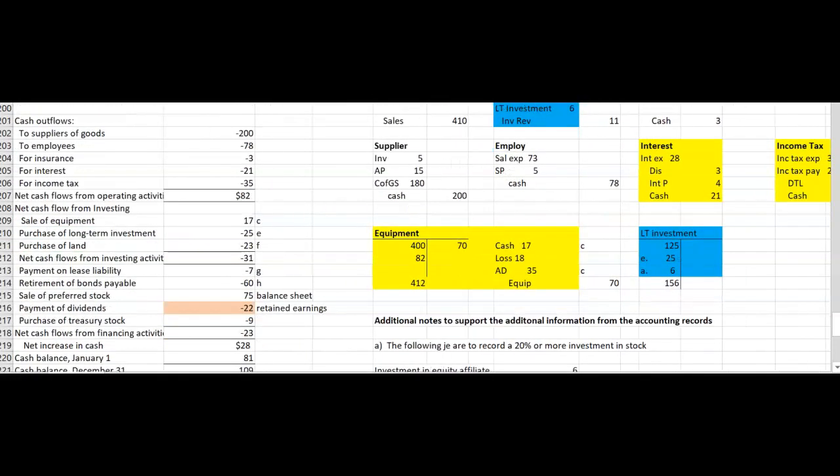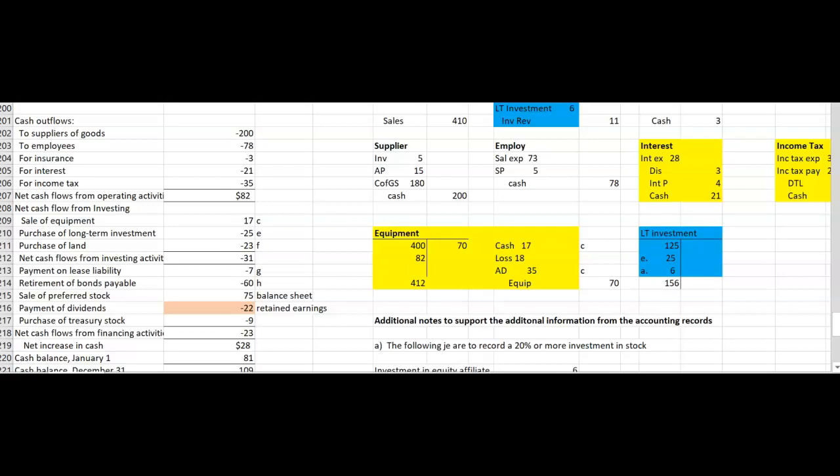I would now like to review the next section of the cash flow statement, which is cash flows from investing, and the accounts that have to be analyzed in the cash flow from investing is your long-term assets. Examples that are shown right on the Excel sheet and pertain to the company were equipment, long-term investments, and purchase of land.